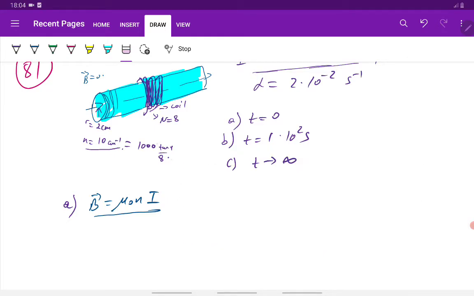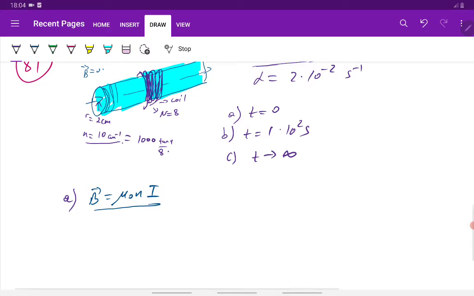So we found the magnetic field, and after that we need to find the flux. The flux of this magnetic field inside this coil is the integral of B·n dA.